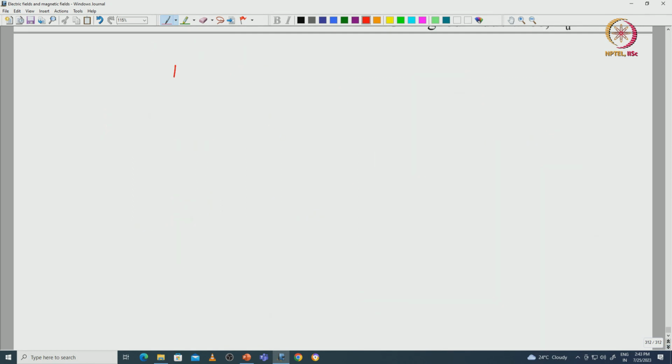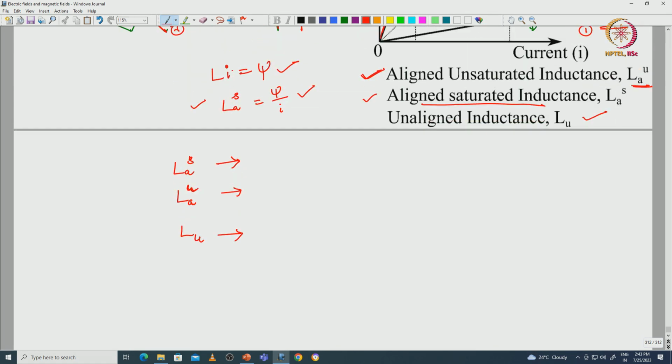With respect to the inductance values LU, LAU and LAS: this is the unaligned inductance, this is the aligned and unsaturated inductance, and this is the aligned and saturated inductance.